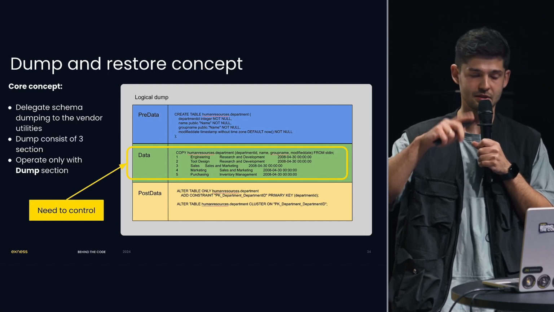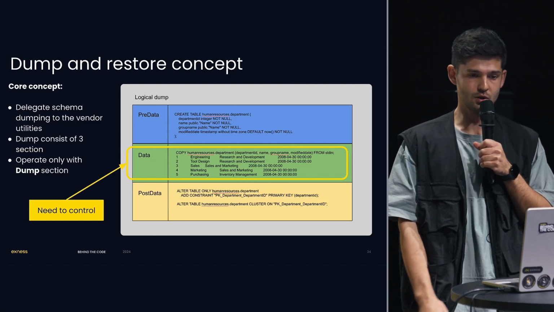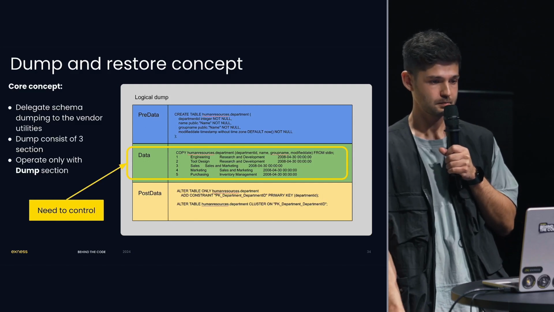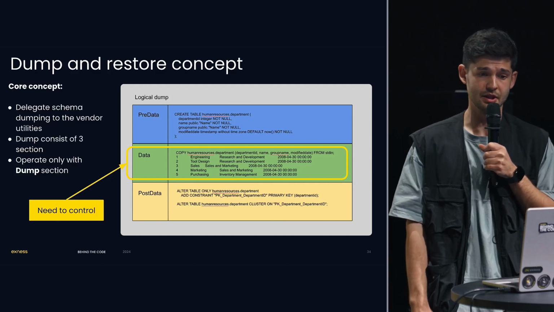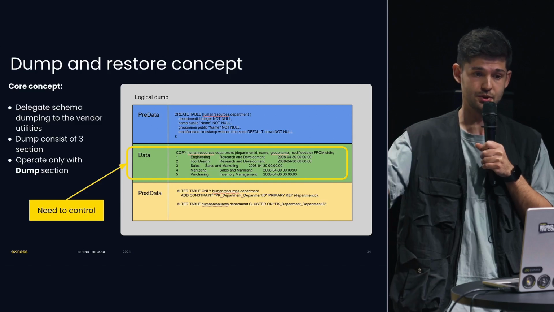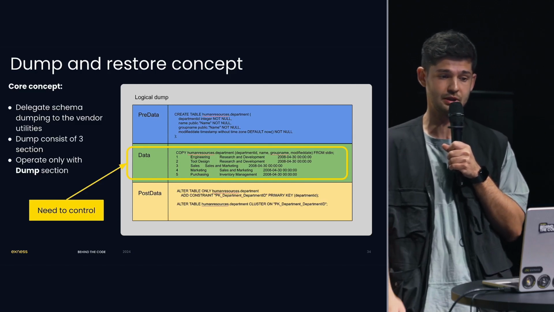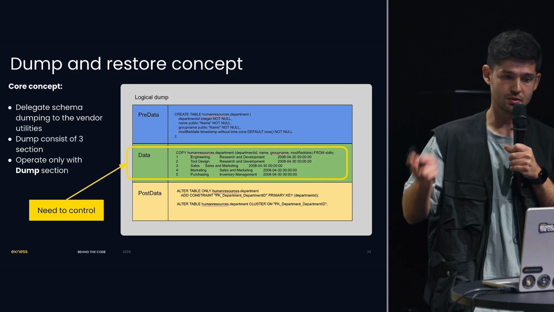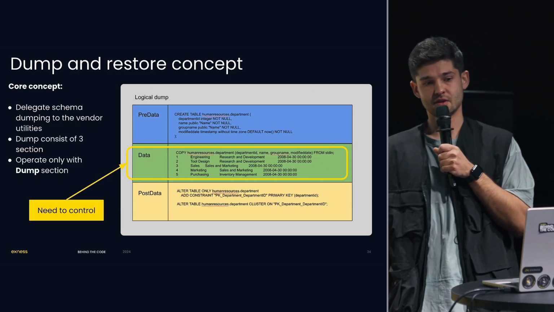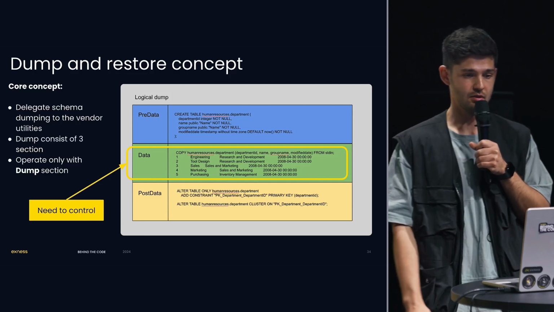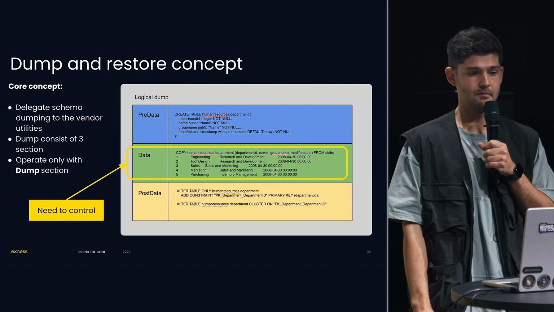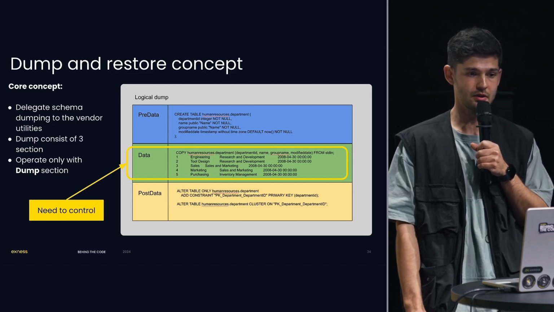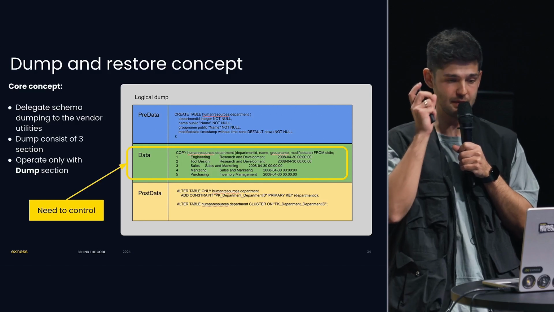So it is just the table definition, only columns and their types. Data, containing the data itself that might be restored in a table, and post-data, containing foreign keys, primary keys, constraints, and indexes. That's all.